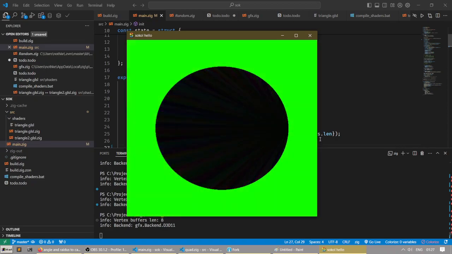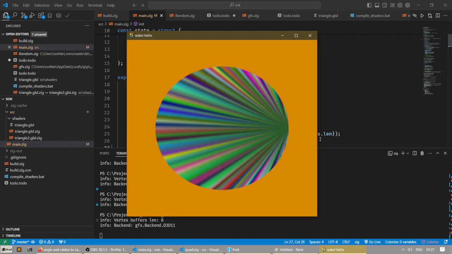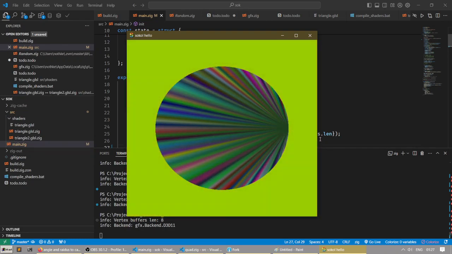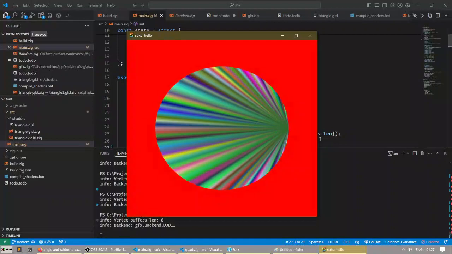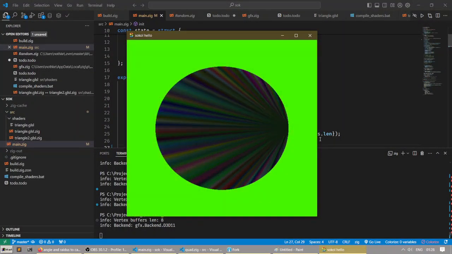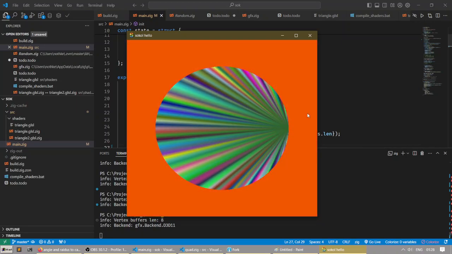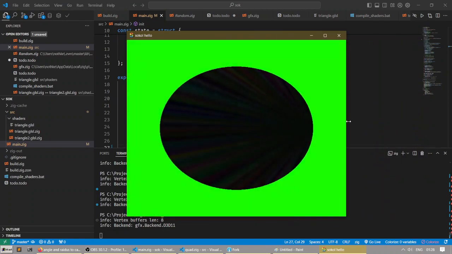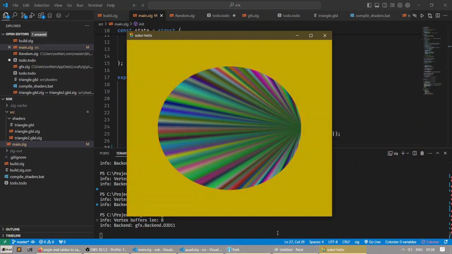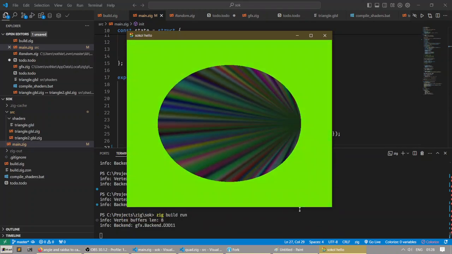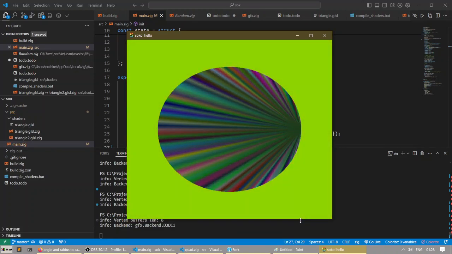I would need to pass in the size of the window to the shader. Or aspect ratio. I wonder if this would work.